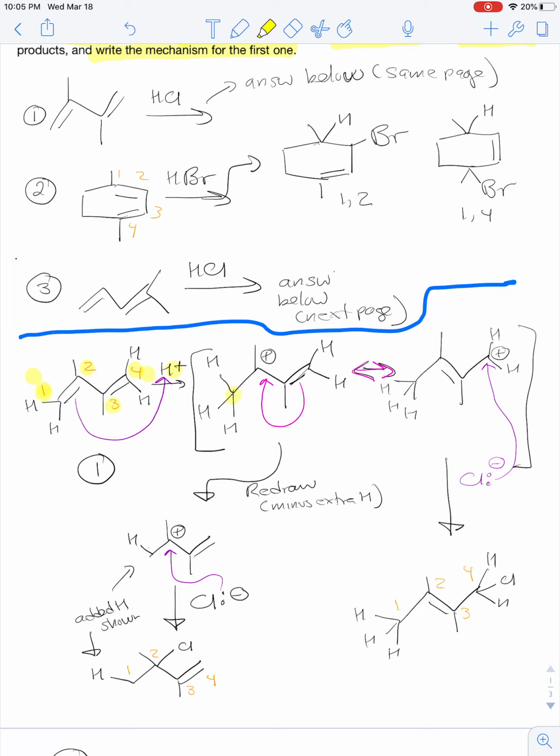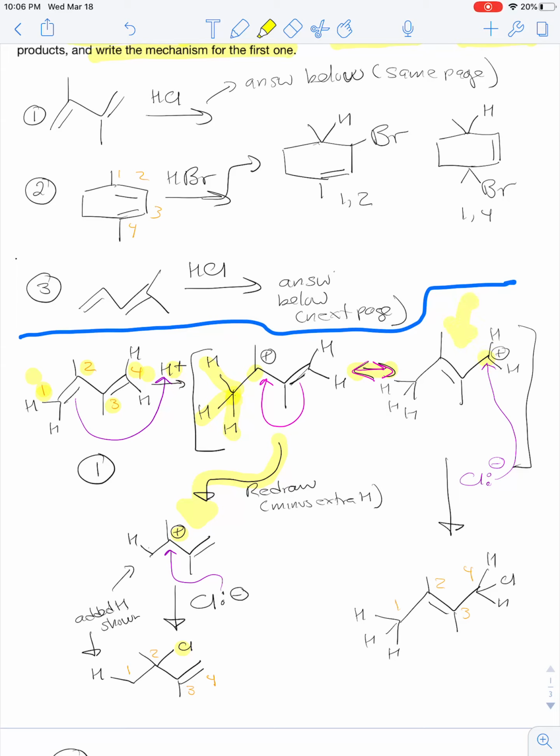Now I've drawn the two hydrogens that were originally on that carbon plus the new one, and that's going to put a positive charge here. If this were to get attacked, the chloride would go on carbon 2, and that would give you the so-called 1,2 product.